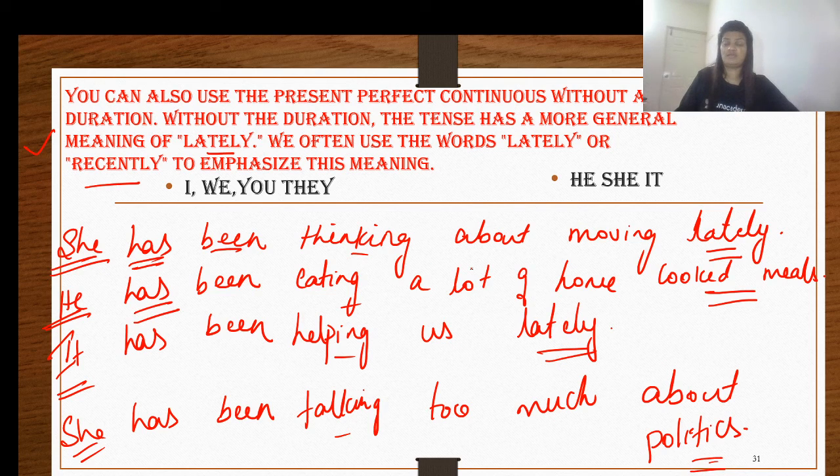So she has been thinking about moving lately. He has been eating a lot of home-cooked meals. It has been helping us lately. Maybe some kind of action that we changed. She has been talking too much about politics. So the same, referring to the subject type. The moment you change the subject, the verb also changes.